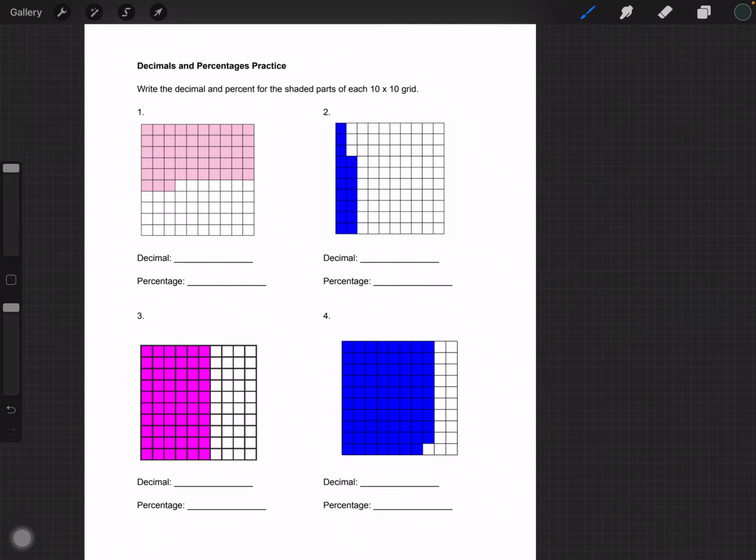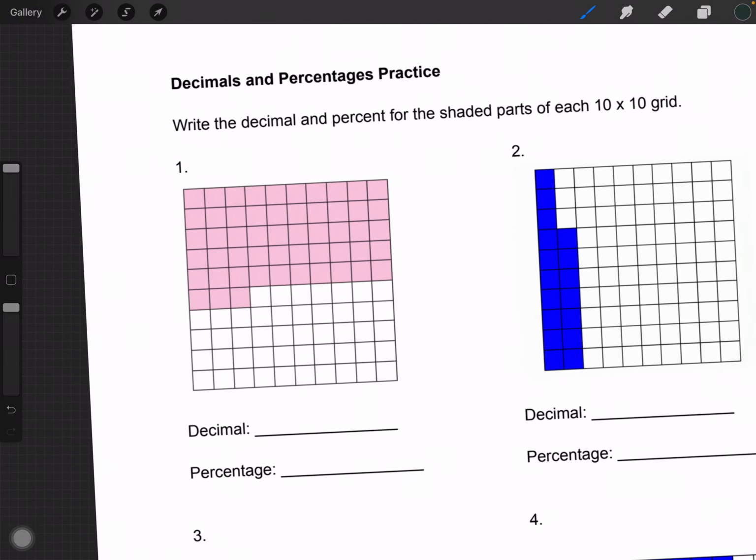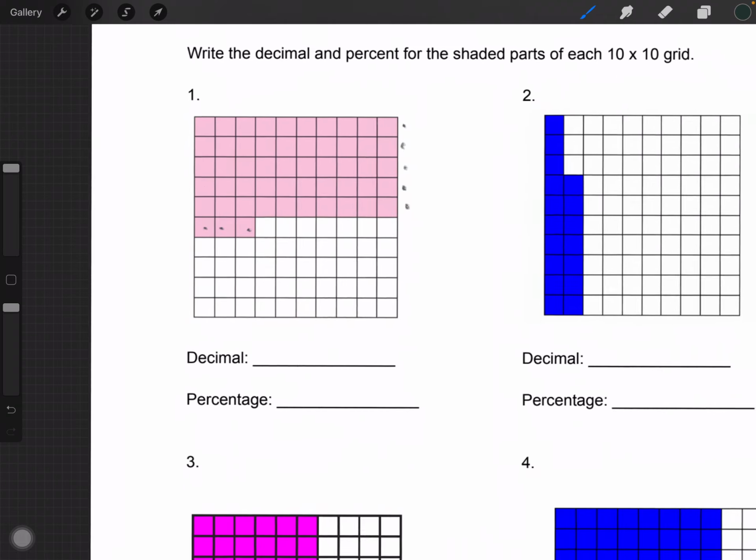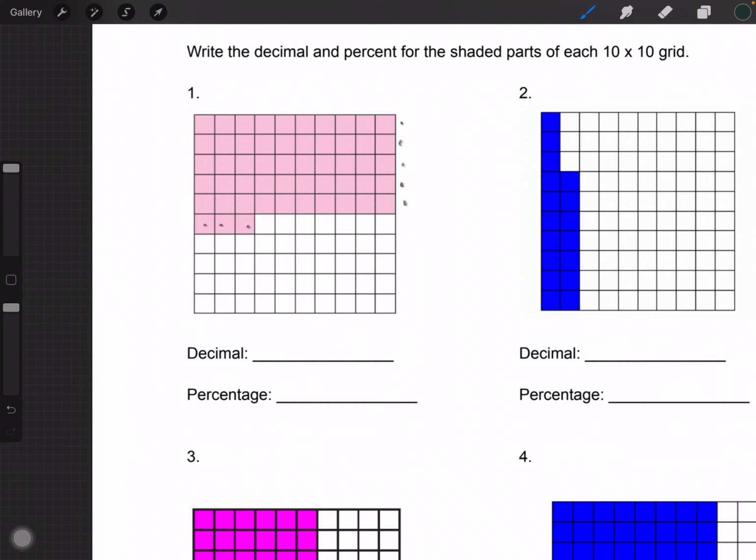So it's decimals and percentages practice. Write the decimal and percent for the shaded parts of each 10 by 10 grid. So for the shaded parts, you have 10, 20, 30, 40, 50, 53 out of 100, so it's 53%, and also 0.53.